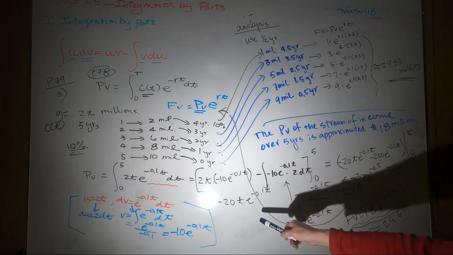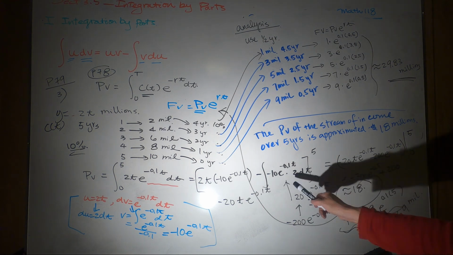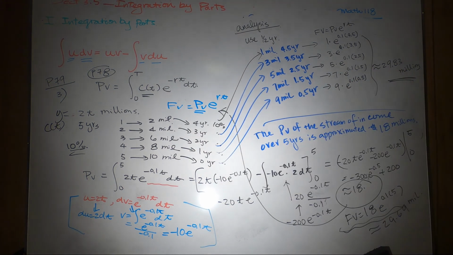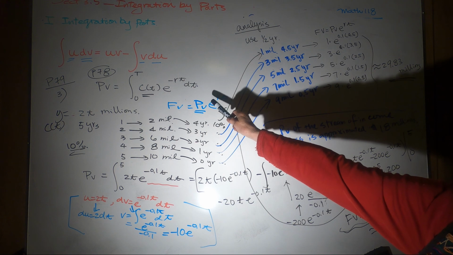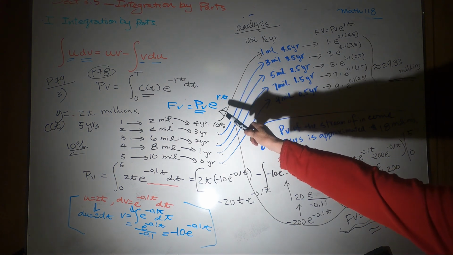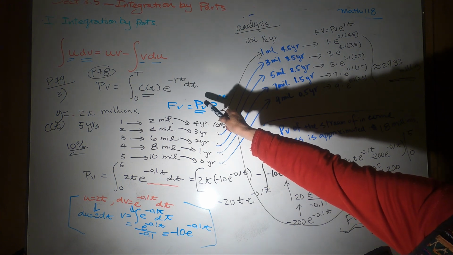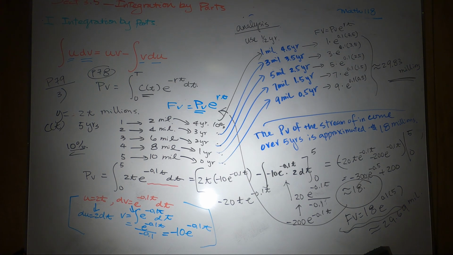This is how you calculate your present value for a stream of continuous income. Use this formula, use this model. At the same time, you need to calculate the present value, so you have to use the new technique of integration by parts to figure it out.